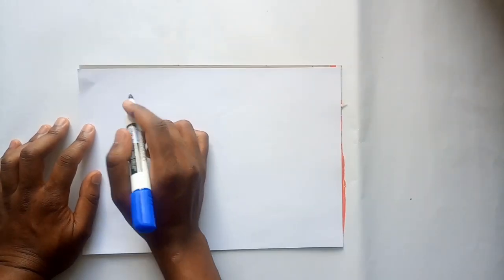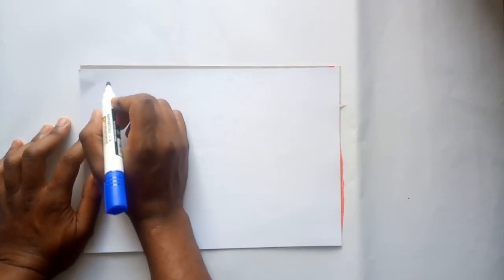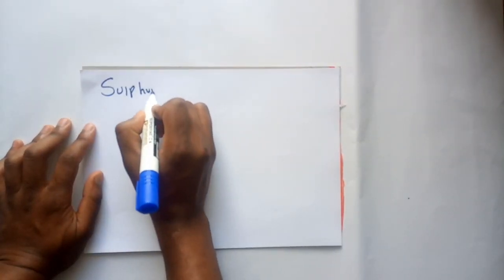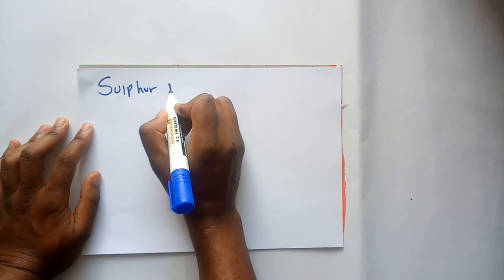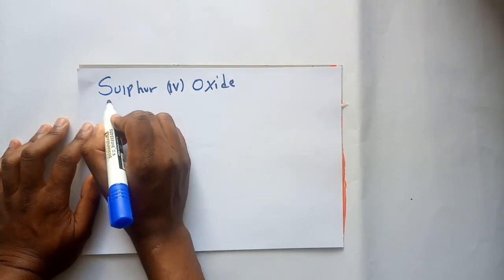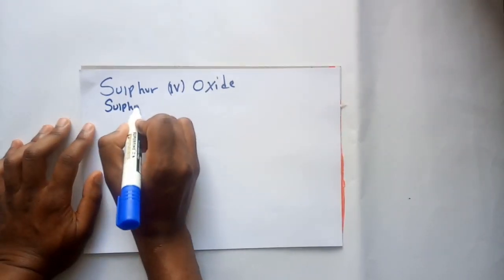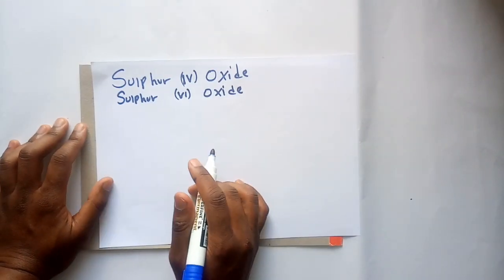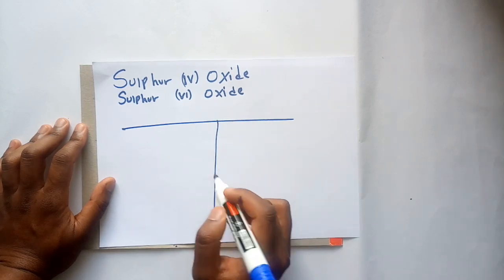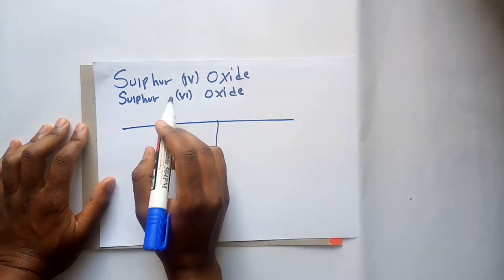The other example that I'd like us to look at is sulfur 4 oxide and sulfur 6 oxide. So we start with sulfur 4 oxide.